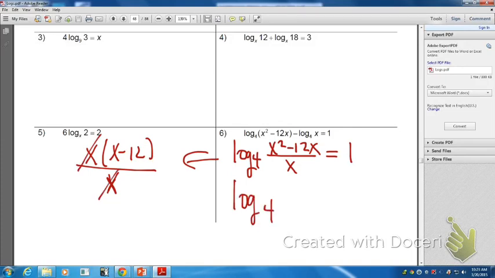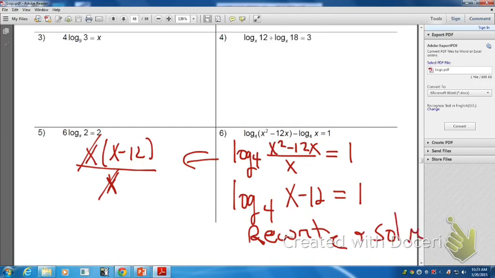So you had log base 4. Now all you have left here is the x minus 12 equal to your 1. So now you're ready for your rewrite and solve. Okay. Now you're going to finish those up on your own.